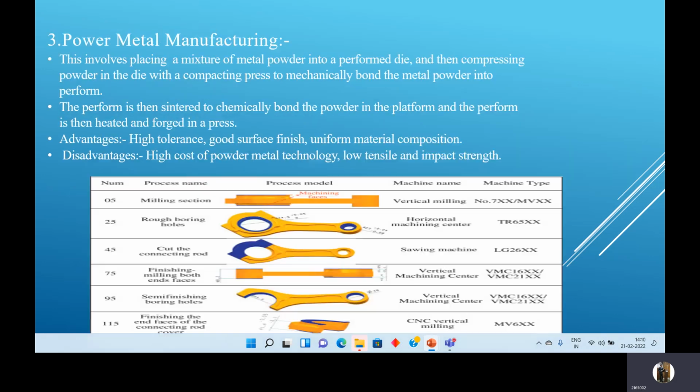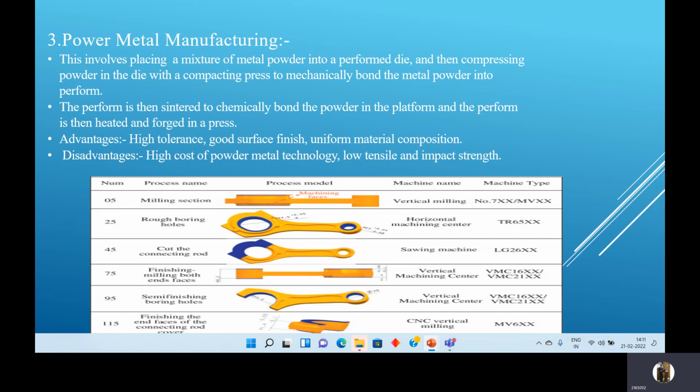The third method is powder metal manufacturing. This involves placing a mixture of metal powder into a preform die and then compressing the powder in the die with a compacting press to mechanically bond the metal powder into the preform. The preform is then sintered to chemically bond the powder, and then heated and forged in a press.